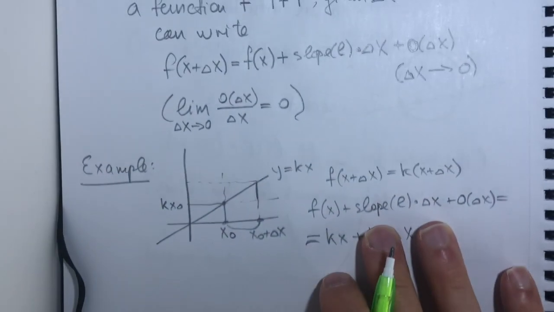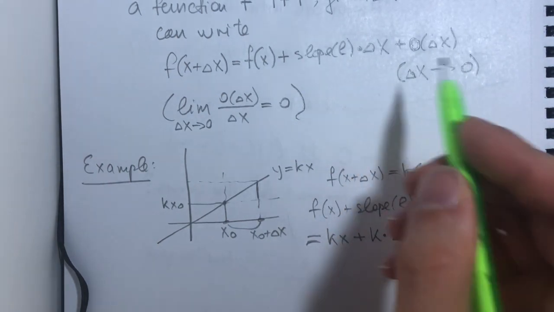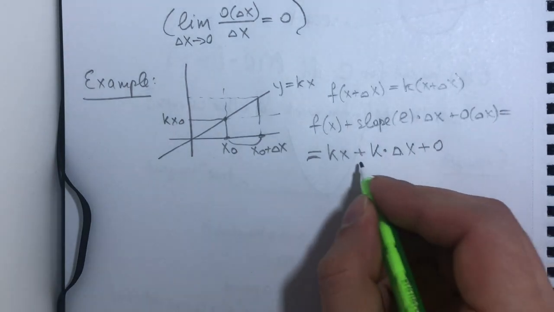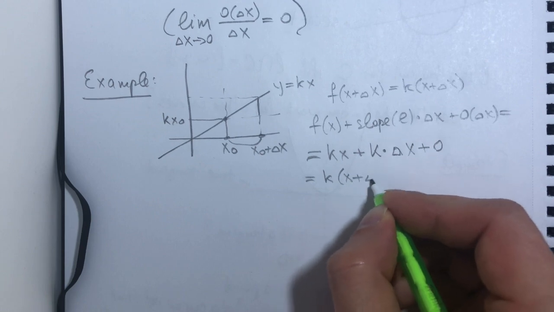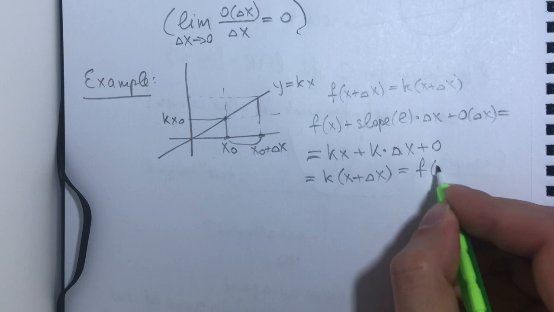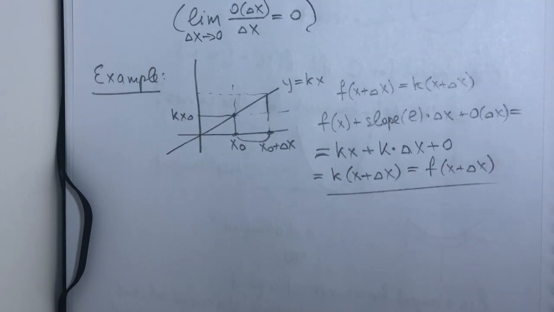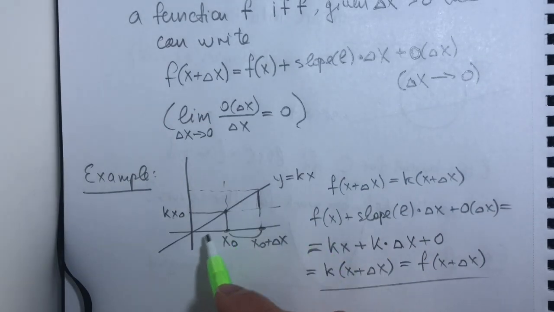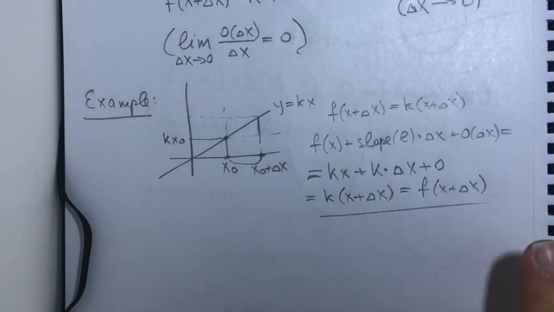So actually, this function O small of delta x is identically 0, right? Taking k outside, we exactly get f of x plus delta x. Okay? So this definition definitely satisfies what we expect from a straight line.